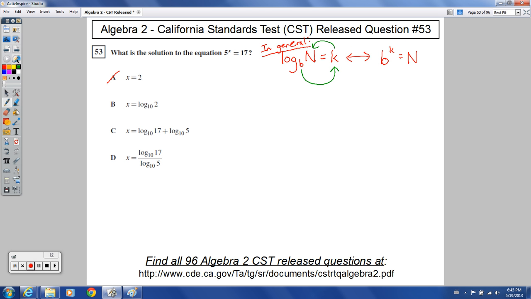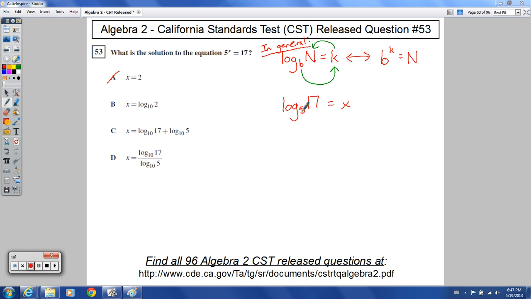So another way to write that for this problem is log base 5 of the number 17 equals x. We're trying to solve for x. Now, since calculators aren't allowed on the CSTs, and we need to know how to do this without a calculator, and since we notice there's log base 10 in the answer choices, this really isn't the way we want to tackle this problem.